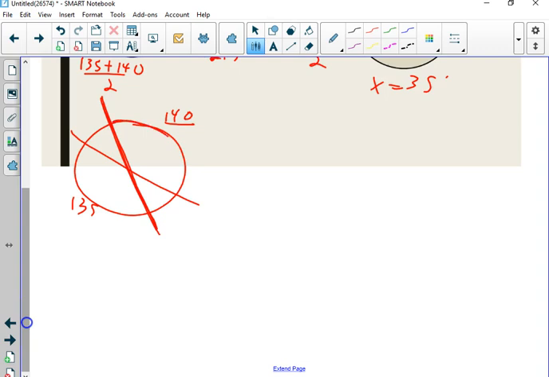So if this angle is 140, then this must be 40. And if this one is 135, this must be 45. And now we can do our rule with 45 plus 40 divided by 2, which again is going to be 42.5. But I just want to show you there's two different ways to look at it. You're going to basically do the same thing. It's just which angles do you want to work with.